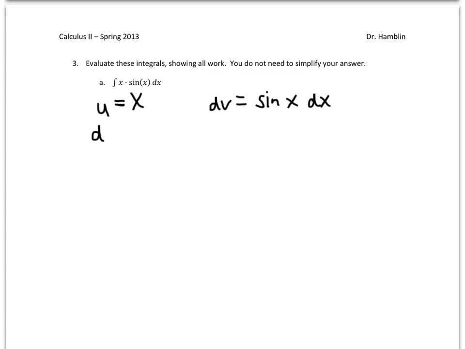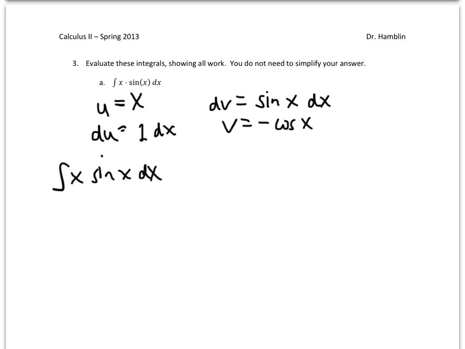So that means that my du is simply 1 dx, and my v is the antiderivative of sine, which is negative cosine. So that means that my integral, x sine x, is equal to uv, so x times negative cosine of x, minus the integral of v du, which is going to be negative cosine of x, times 1 dx.